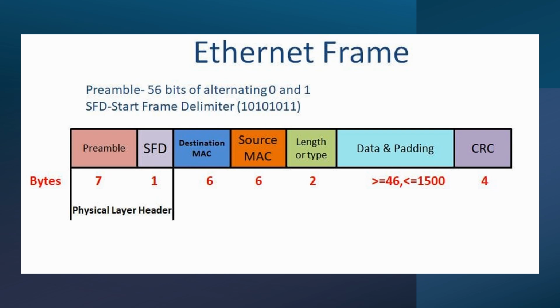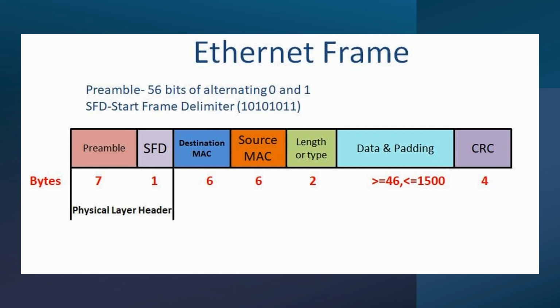The next component is the destination MAC. It is a 6 byte, that is 48-bit field that specifies the MAC address of the receiving device. The next is the source MAC. Similarly, it contains the MAC address of the source device. The fourth component is length or type.